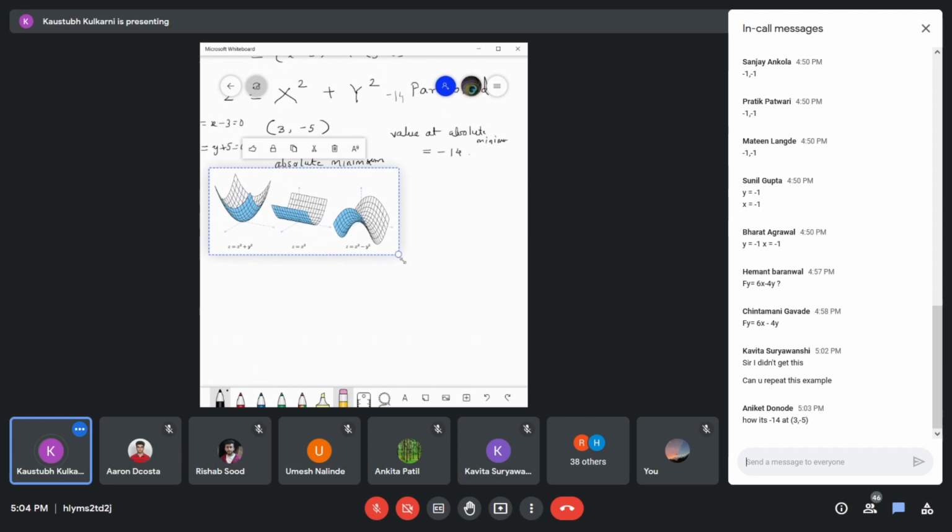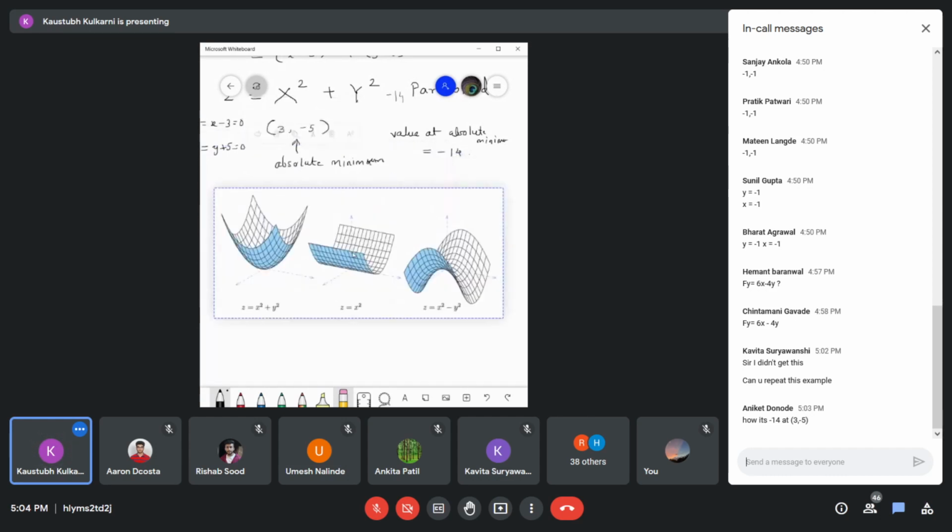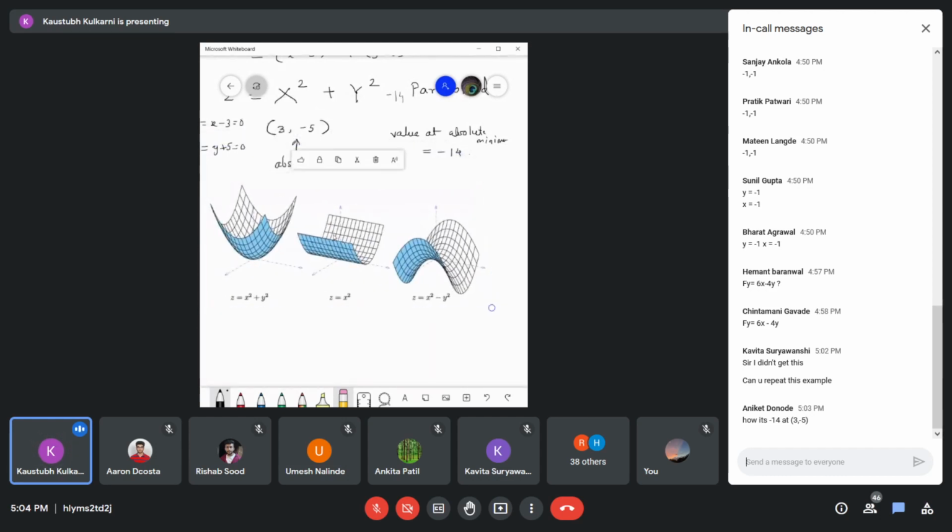This is from Wikipedia itself. Okay, this is z is equal to x square plus y square, a paraboloid that opens upwards. Okay, and these are some other such shapes. So this is a hyperbolic paraboloid, and this is an elliptic paraboloid. We are interested in this elliptic paraboloid.